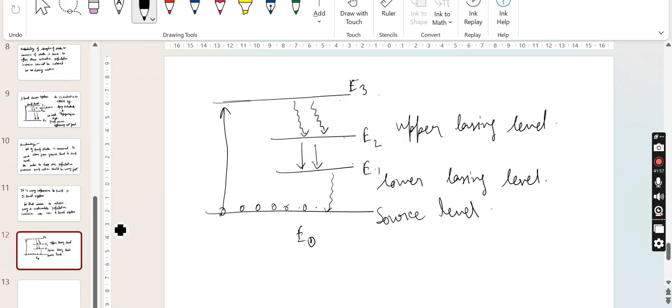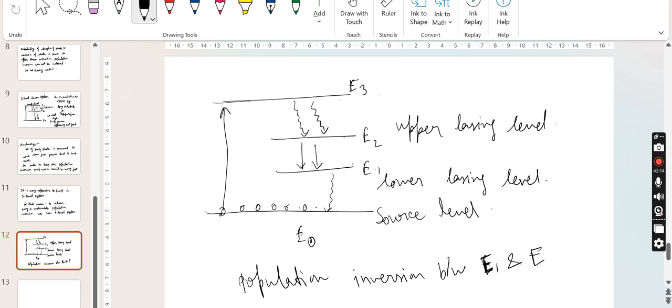But here we need to establish population inversion between E2 and E1. E1 is already empty when the lasing action starts, and after some lasing action, those atoms also non-radiatively get down to E0, so it becomes empty again.